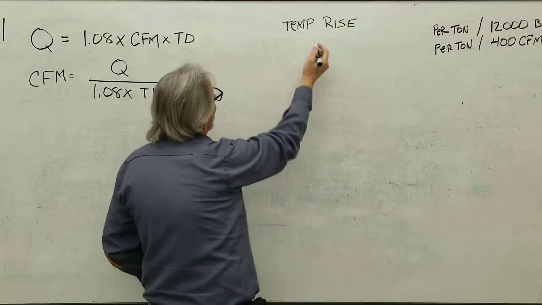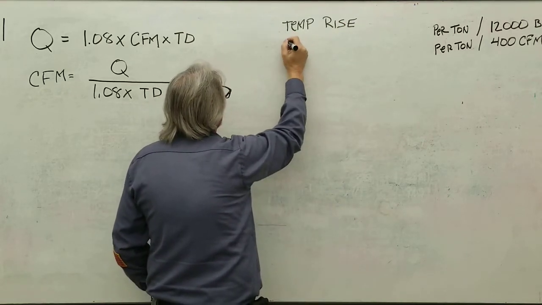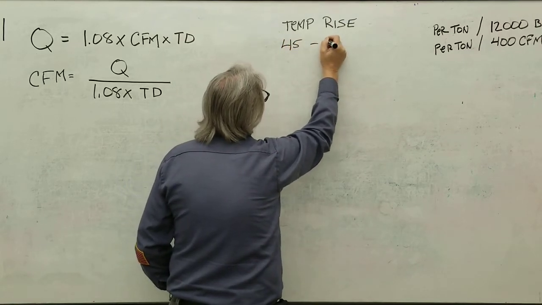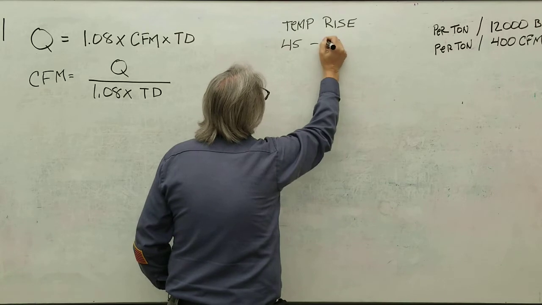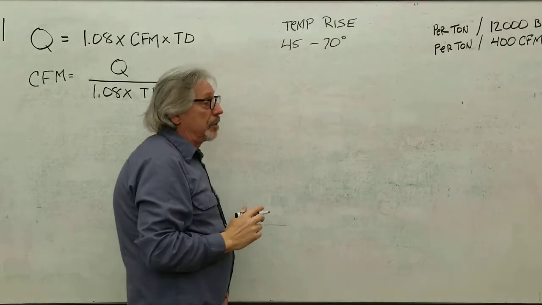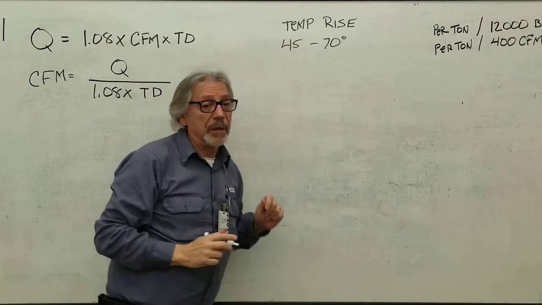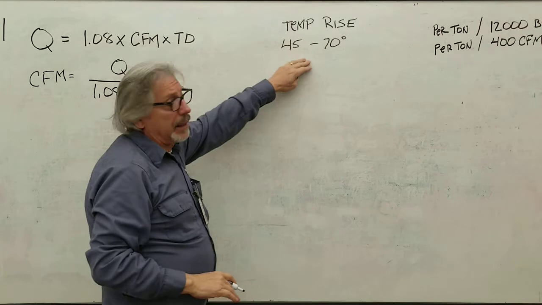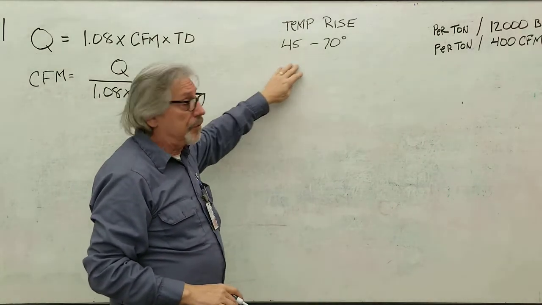A temperature rise could be 45 to 70 degrees. I'm just saying, it could be anything. That's the data plate on the unit, and you want that heater to land in that range.